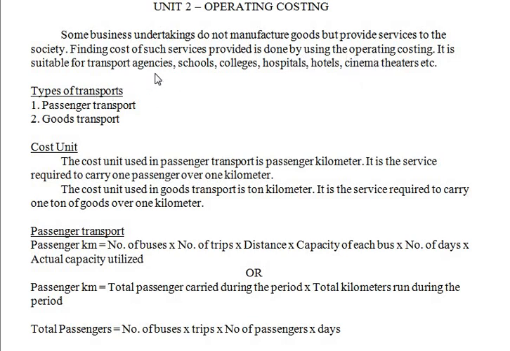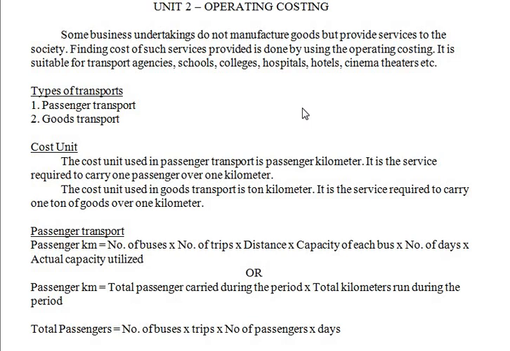It is suitable for transport agencies, schools, colleges, hospitals, hotels, cinema theaters, etc. Operating costing basically deals with service oriented industries, wherein we need to calculate how much expense is incurred per passenger.